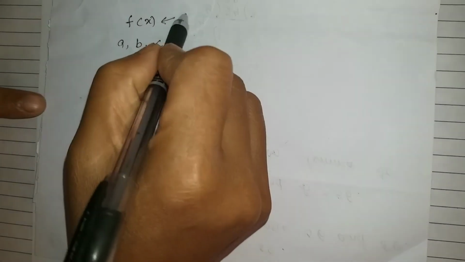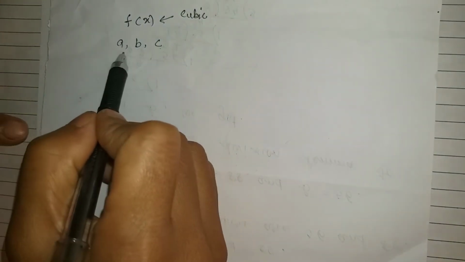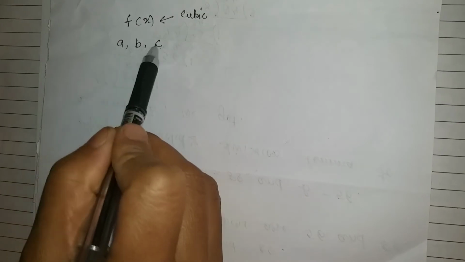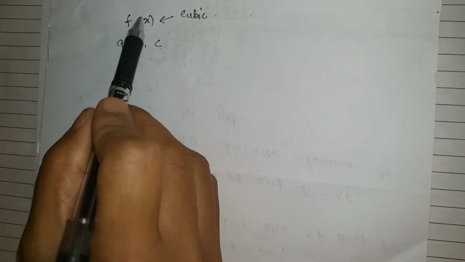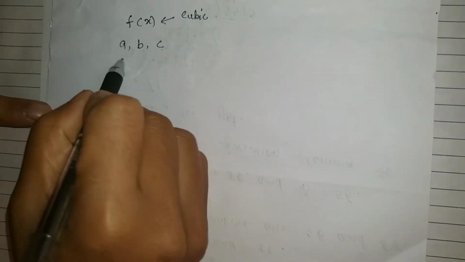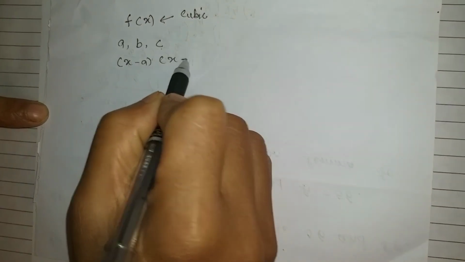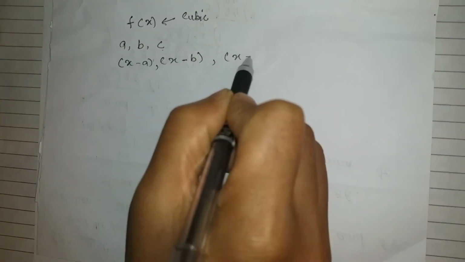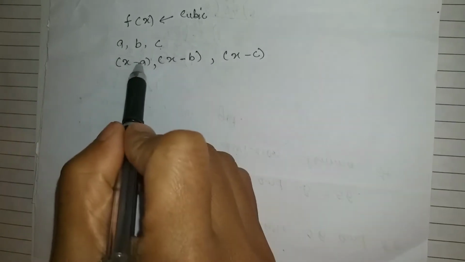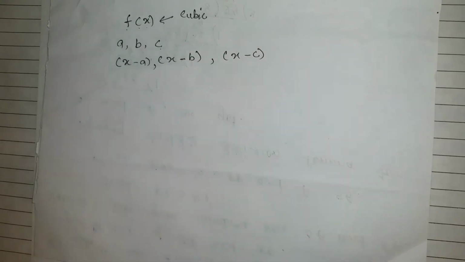We suppose that this f of x is a cubic polynomial, so we'll have three zeros. So x minus a, x minus b, and x minus c will all be the factors of f of x.